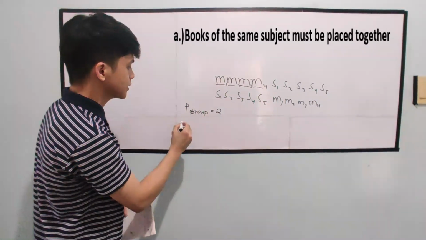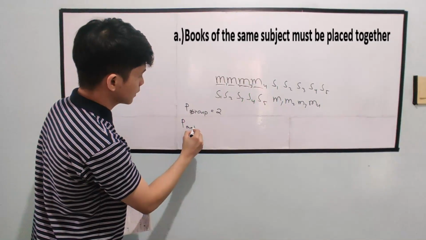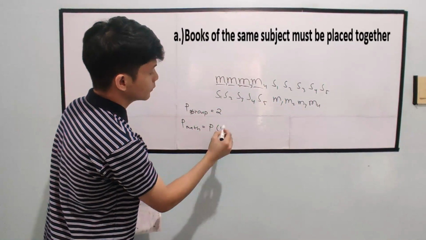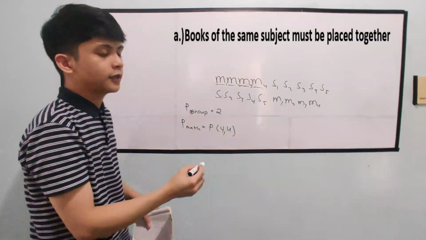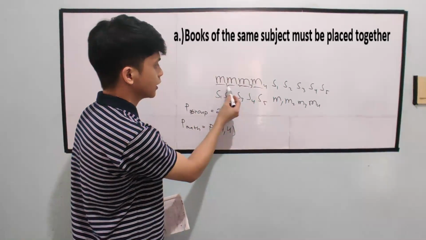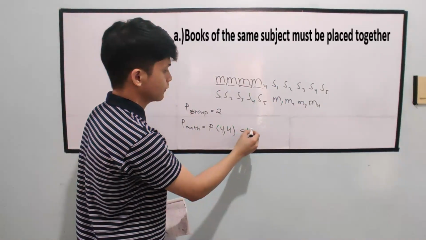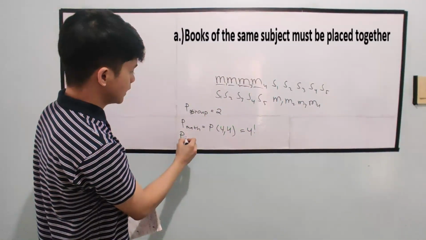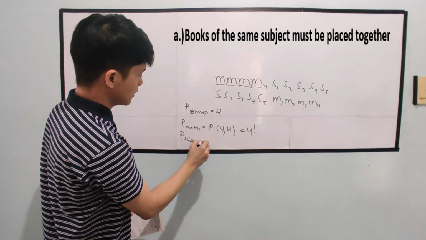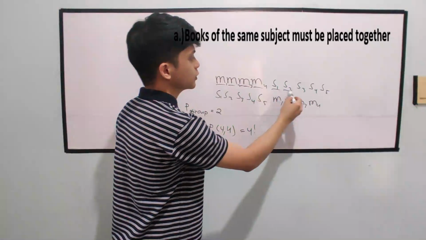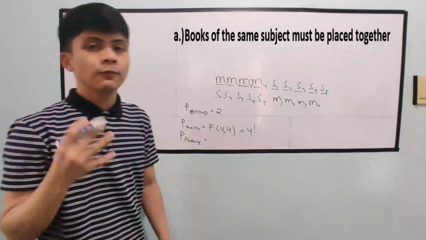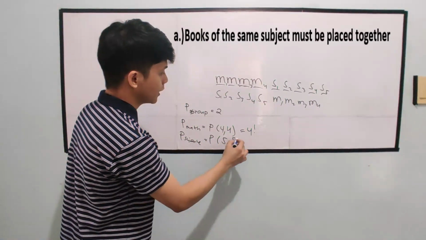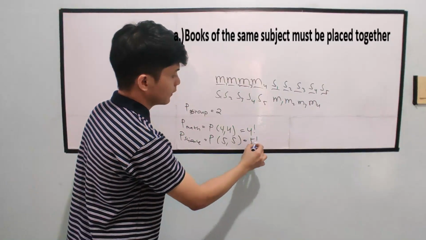So, that is, for the math, permutation of 4 taken 4 lang siya, okay? Kasi meron tayong 4 object and 4 position. So, that is 4 factorial. Then, for the science naman, meron naman tayong 5 positions na available and 5 objects na i-arrange. So, that is permutation of 5 taken 5 or 5 factorial.